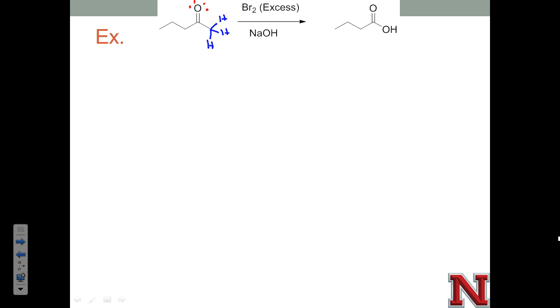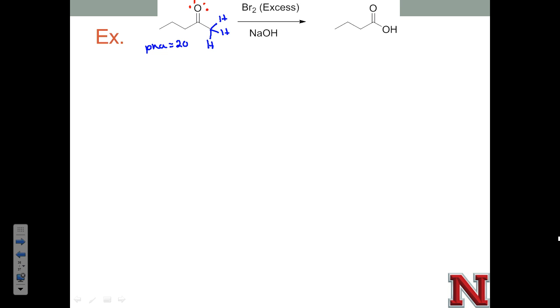And this one does too, but that one is more sterically hindered. So we're going to assume we're going to react with the end one. So the pKa of those hydrogens are about 20. And that is a good enough pKa for our hydroxide to deprotonate.